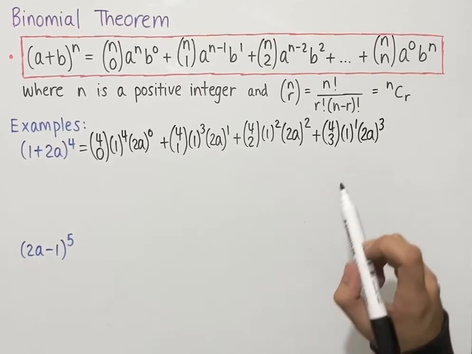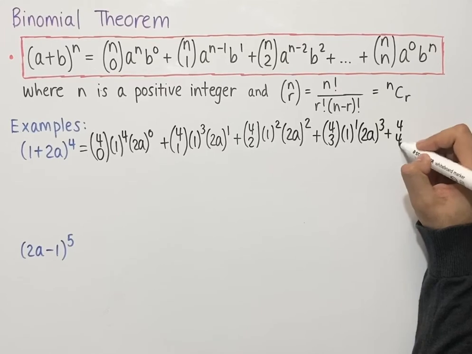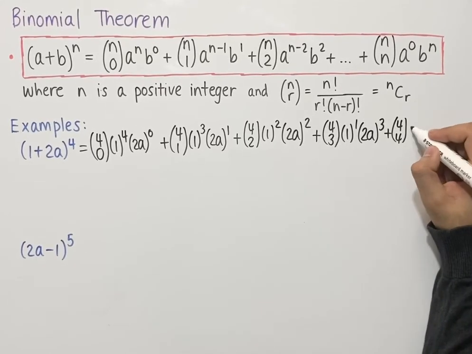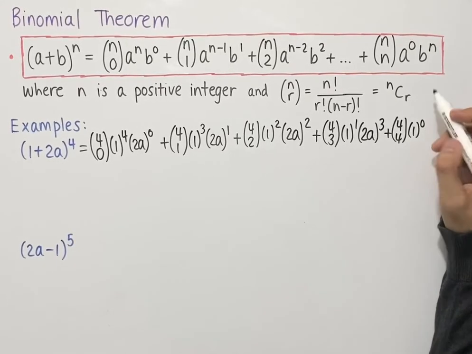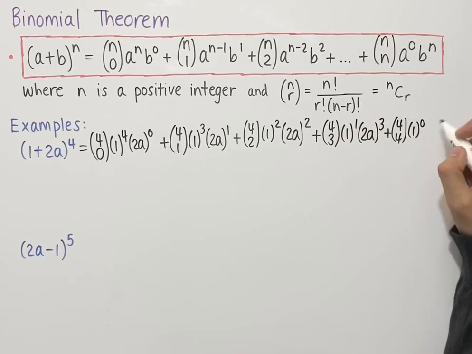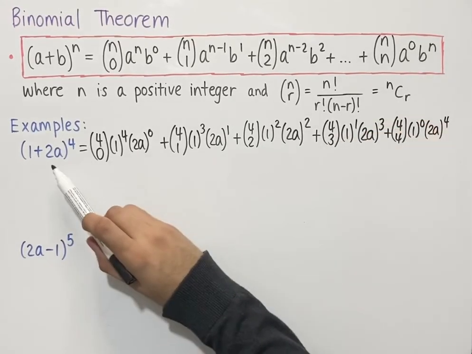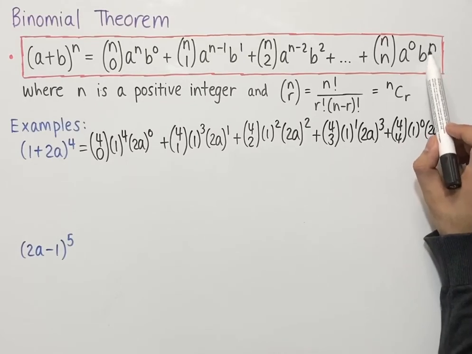And then our next term is 4 choose 4, so this is our final term, multiplied by 1 to the power of 0, since our a is 1, multiplied by (2a) to the power of 4, since our b is 2a and our power is n here.